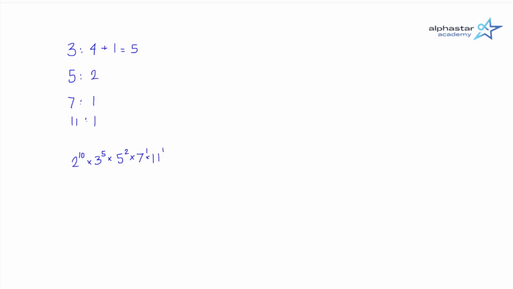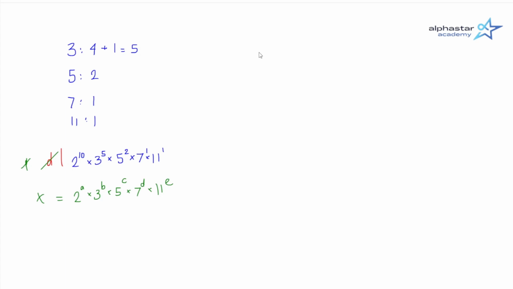And we're saying some number x divides that number and is a perfect square. So it's of the form 2 to the a times 3 to the b times 5 to the c times 7 to the d times 11 to the e. What does it mean for one number to divide the other?